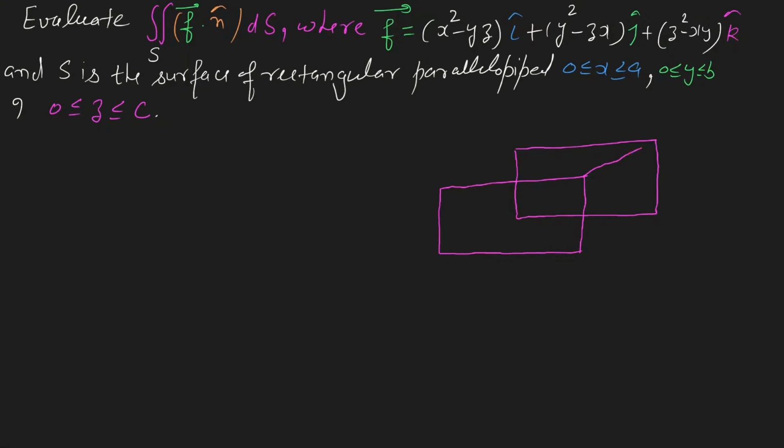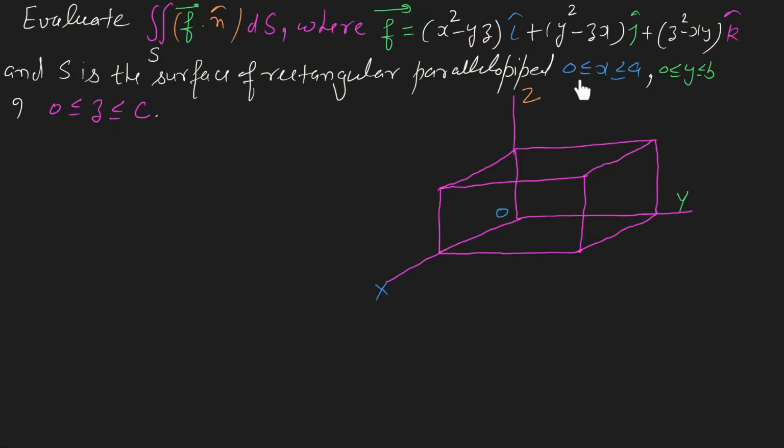So this is the rectangular parallelepiped and these are the rectangular axes. Say this point is O, and this is the x-axis, this is the y-axis and this one is the z-axis. Okay, so these are the axes.